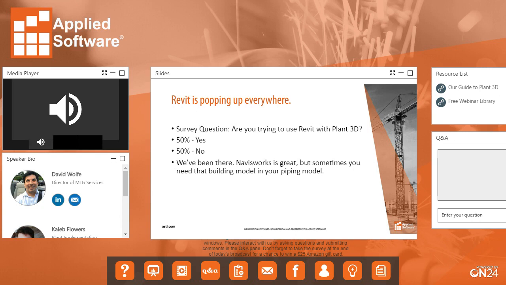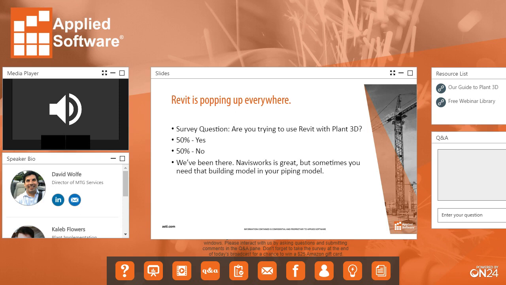And that seems to change when you switch over to the AE fields, where the designers on the AE side, they don't use Navisworks. They're not looking for collisions that way, especially the Revit designers.